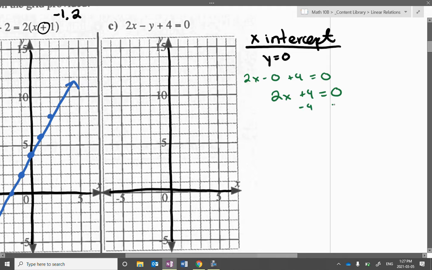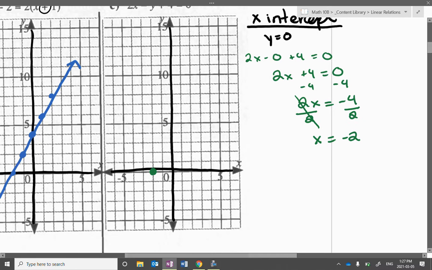I'm going to subtract 4 from both sides. So 2x equals -4. Divide by 2, so x is equal to -2. So I know I have a point at -2 and 0. I have not altered the form of my equation. I've just utilized my equation to find my intercept.